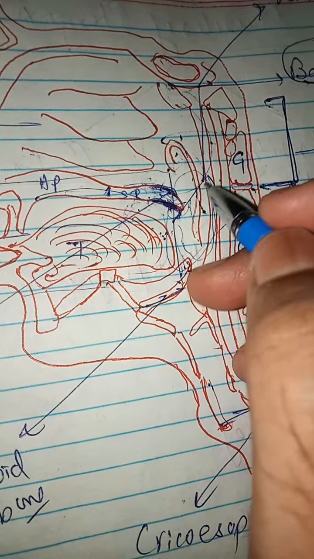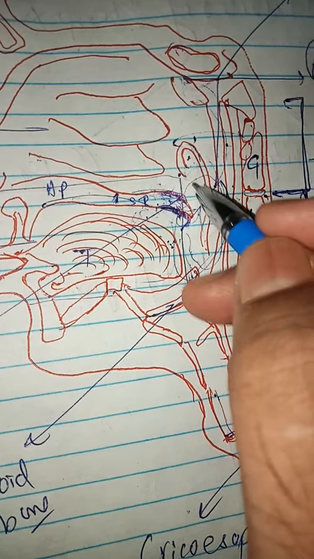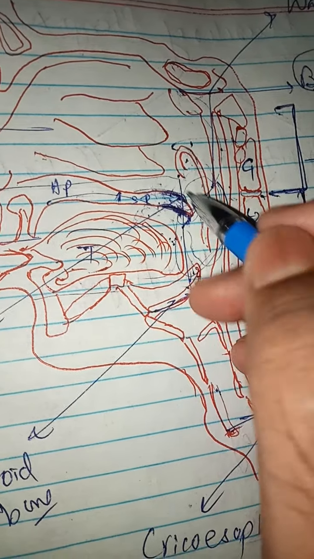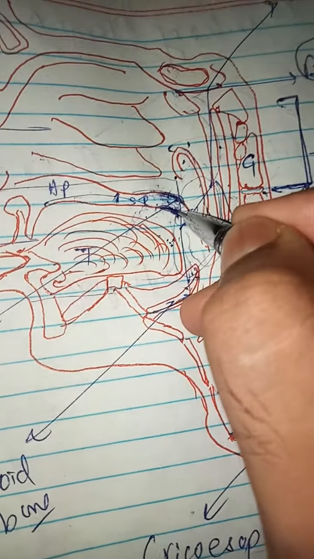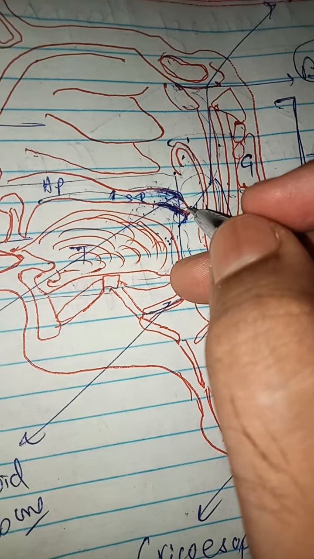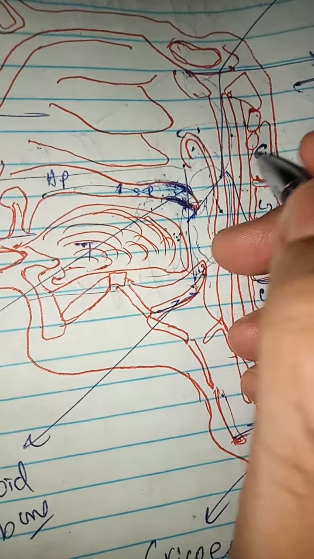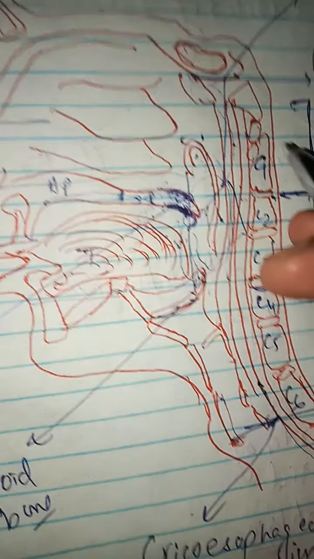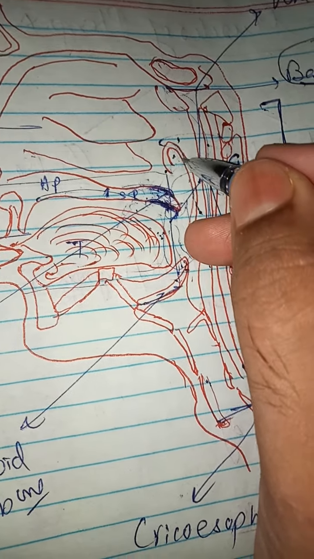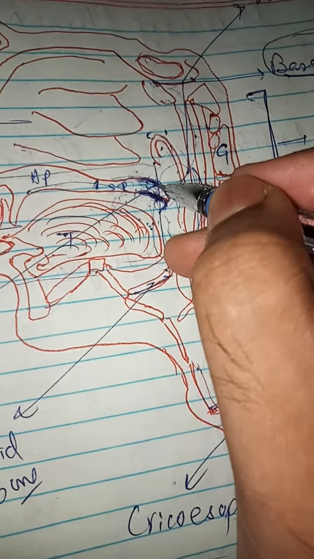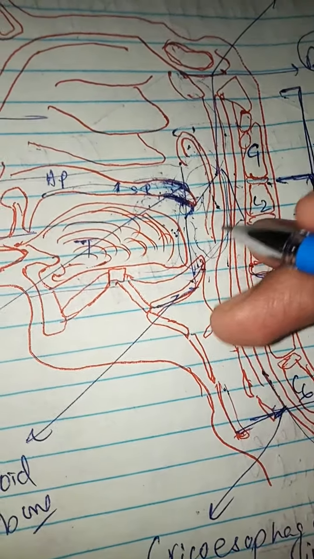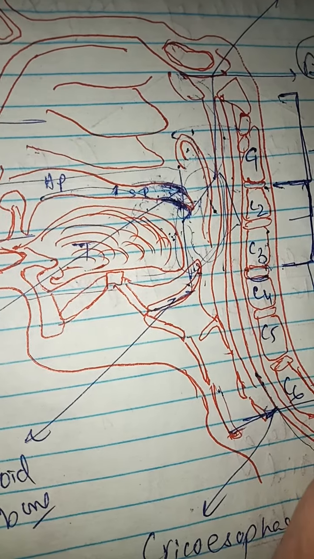These muscles are present in the soft palate, and they help together in the process of deglutition. What are the muscles present? I have already told: the tensor veli palatini, the levator veli palatini, the musculus uvulae, the palatoglossus and the palatopharyngeus muscle.